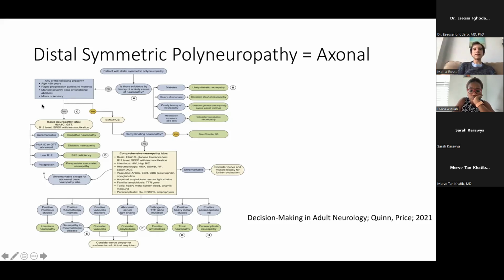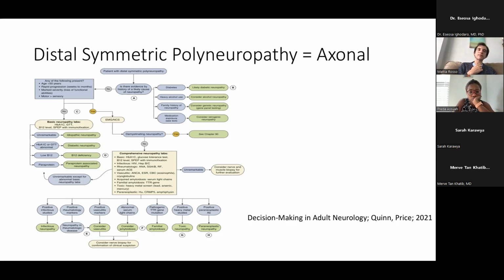Motor involvement is another red flag. You shouldn't really have significant motor involvement with a regular distal symmetric polyneuropathy unless the sensory loss has gotten to a very advanced level. And then any marked severity, loss of functional abilities. And a couple of things that we'll add is looking for things that don't quite fit with the neuropathy.